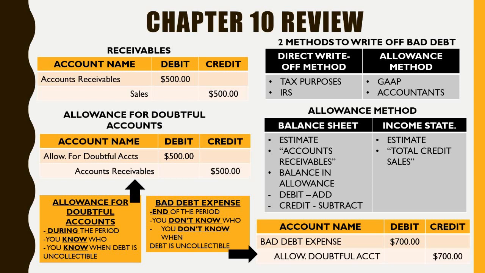For the balance sheet, we need to determine the estimated number, the accounts receivable, and the balance in the allowance for doubtful accounts. If it's a debit, you add. If it's a credit, you subtract. Whereas for the income statement, all you're really looking for is the estimated amount and total credit sales. And this is how you journalize them.